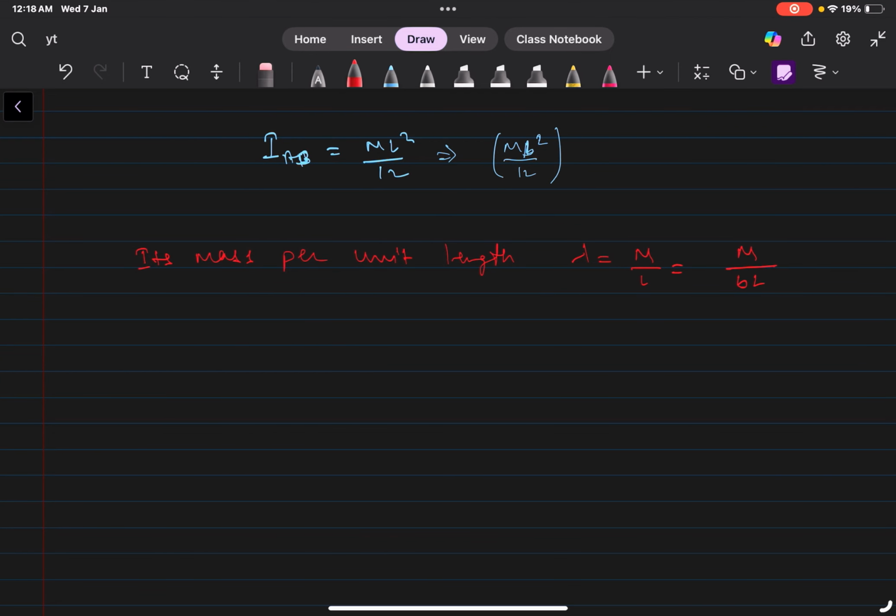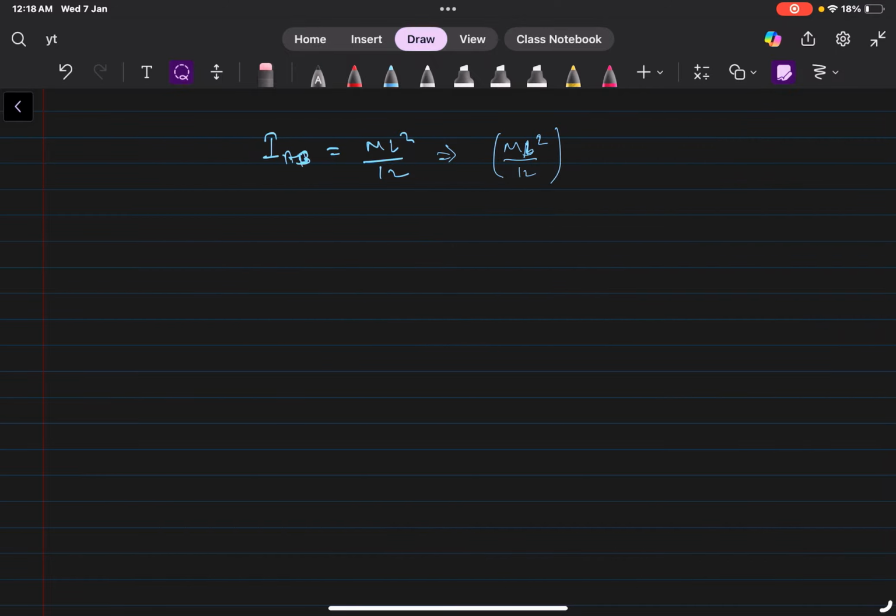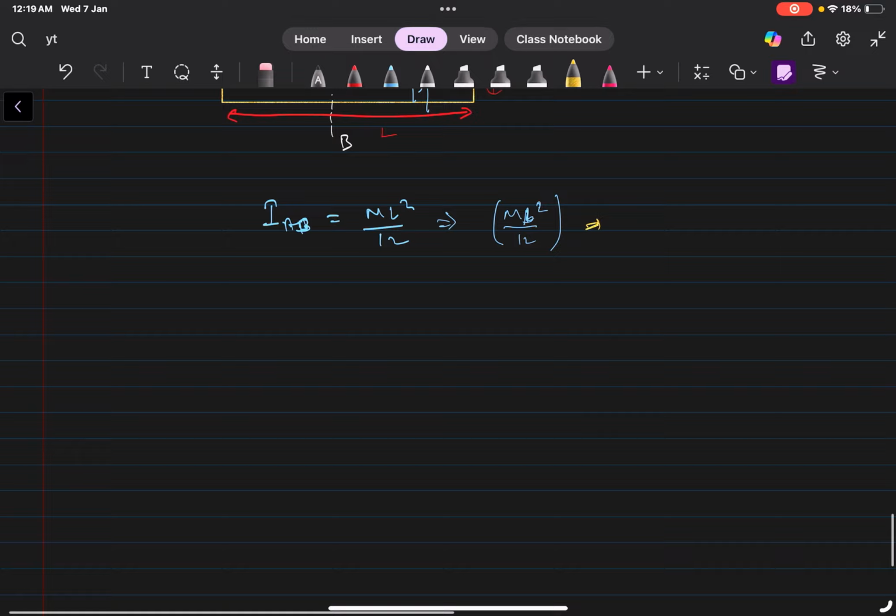That is B into L, that is L into B, the area, because in this part this is the area. So we derive this equation of the moment of inertia, that is mb square by 12.